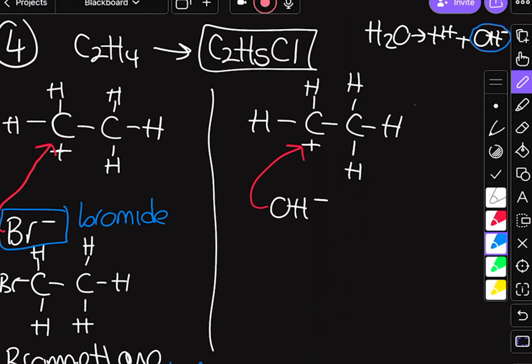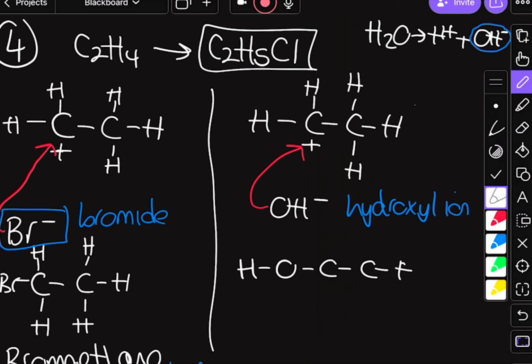So again, just to remind you, this is a hydroxyl ion. We see it in bases. Obviously, OH in organic chemistry means something else. So this now is going to attach. And you should be shouting at the screen as to what it's making.